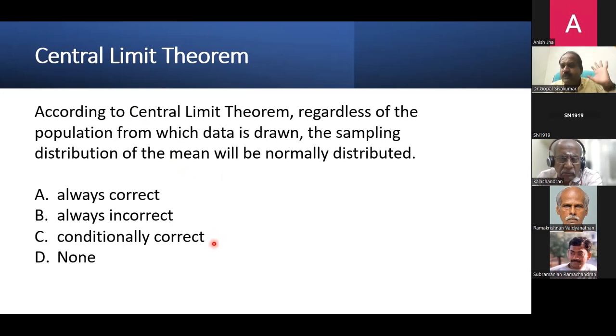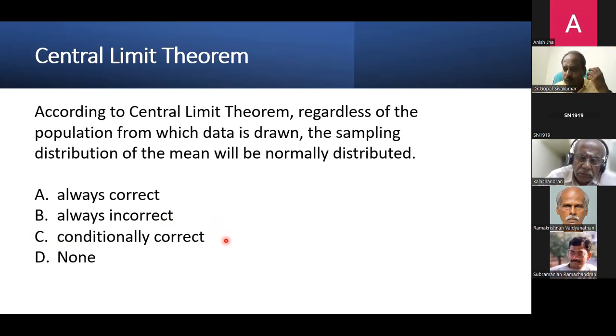You don't have to worry about how the population is distributed. Just keep on increasing your subgroup size gradually, and you will definitely see a smooth bell curve appearing. That is the reason why most of the time we work with sampling distribution to predict the future, what kind of result is going to come.